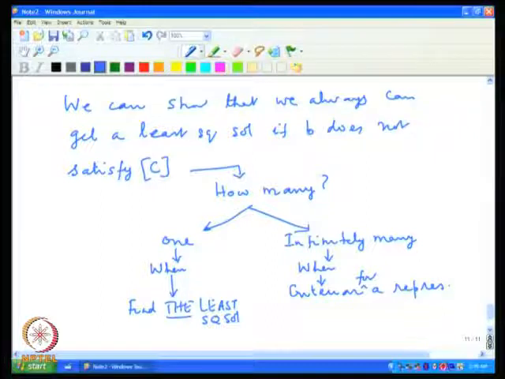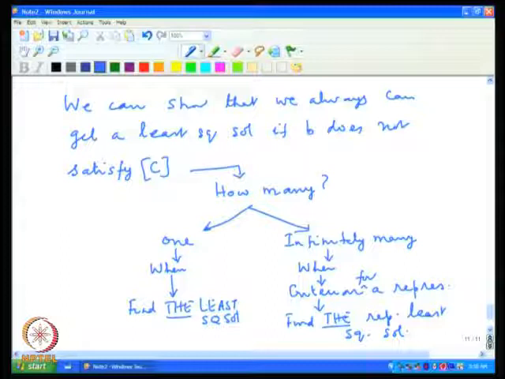So we need some criterion for picking. Having got that criterion, our final goal should be to find the representative least square solution. So, while dealing with a linear system of equations, there are several questions that arise.